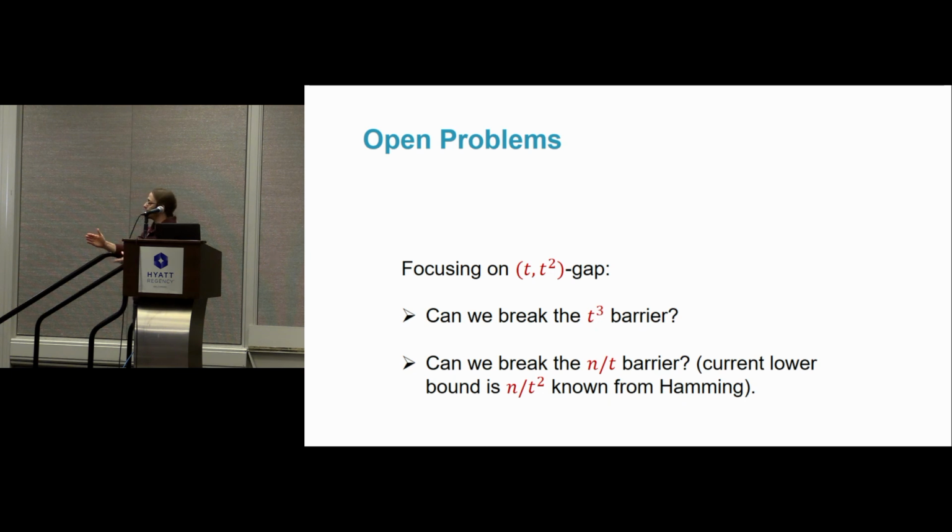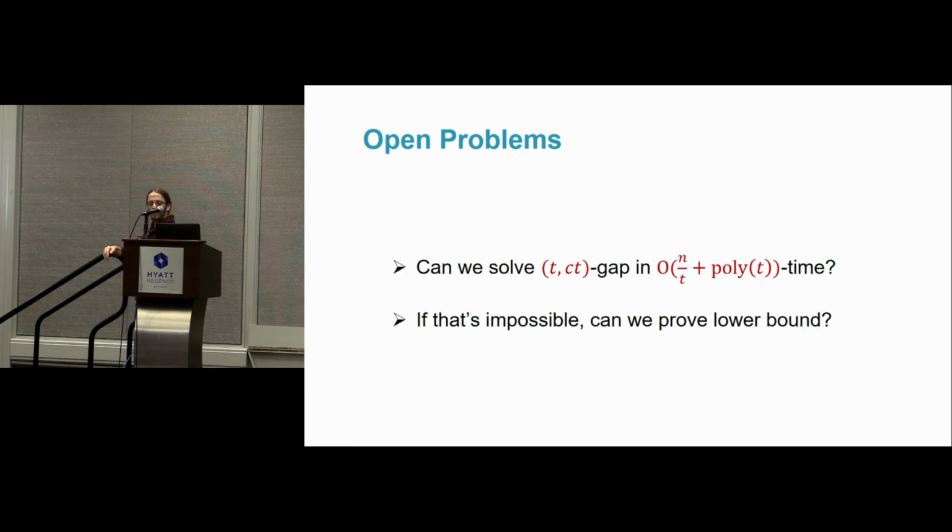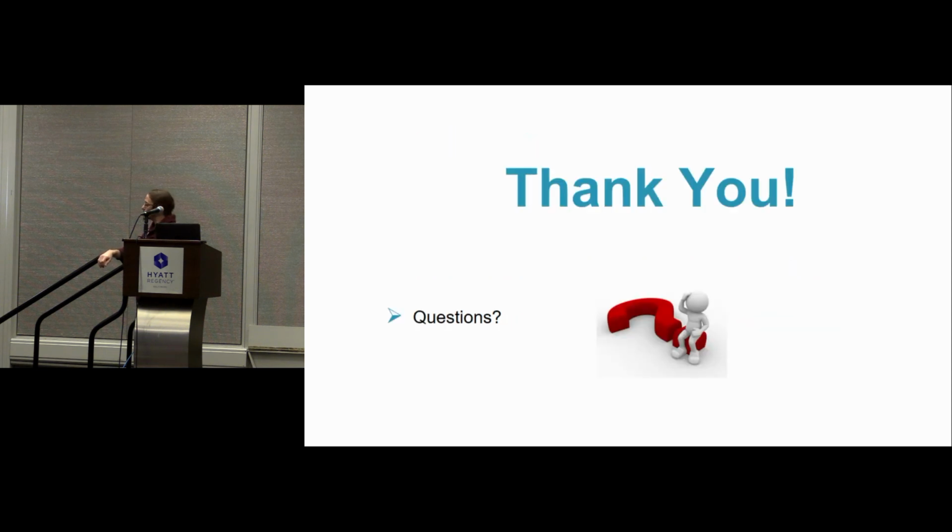So maybe the right barrier should be n over t square plus t cube. If we focus on a much smaller gap, like t versus c times t, can we do it in n over t plus some poly t? If we can't do it, can we prove a lower bound? These are all the open questions I had.